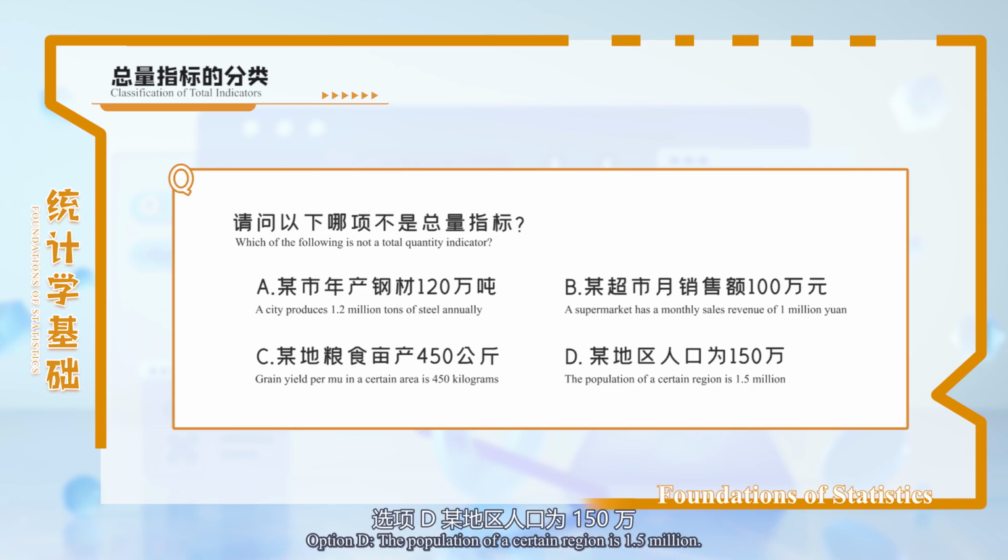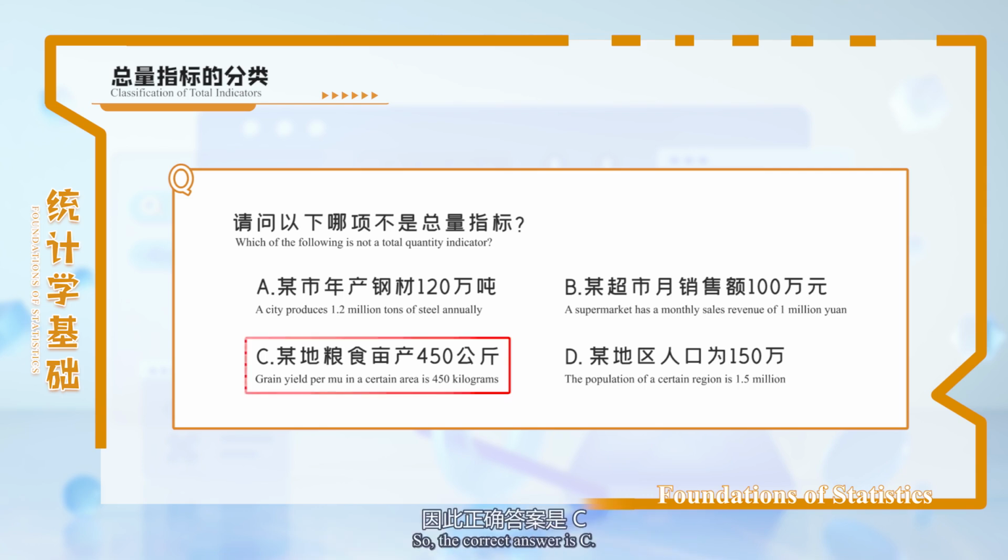Option D, the population of a certain region is 1.5 million. This is a total number of people, and it is an aggregate indicator. Now, look at option C, grain yield per mu in a certain area is 450 kilograms. The keyword here is per mu, which means per unit area. This is an average indicator, not a total quantity indicator. So, the correct answer is C.